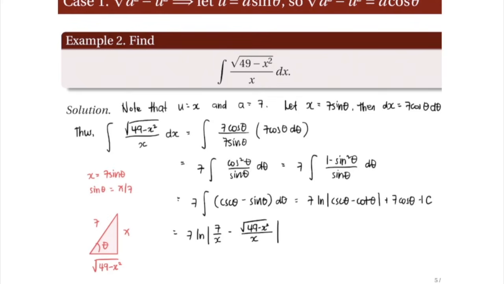And then plus, for 7 cosine theta, that would be adjacent divided by the hypotenuse, so that would be 7 times yung square root, the 49 minus x squared, all over 7, and then plus the constant c. And so this is our final answer for this item.